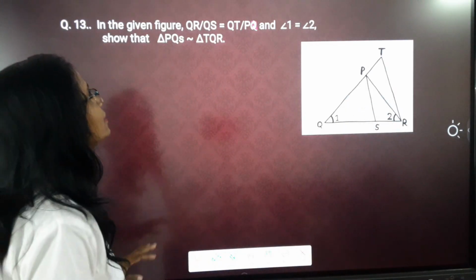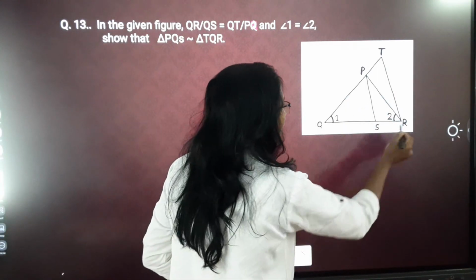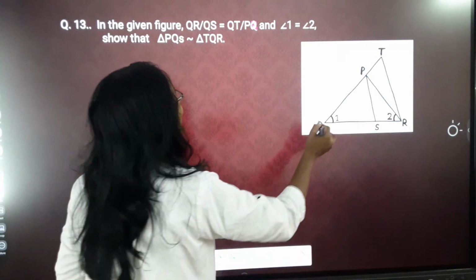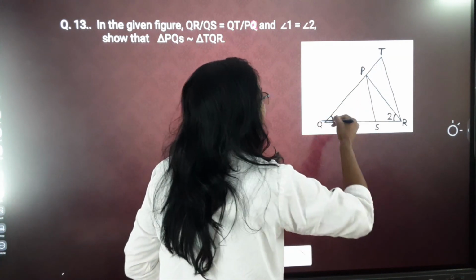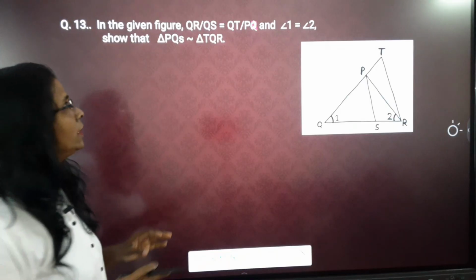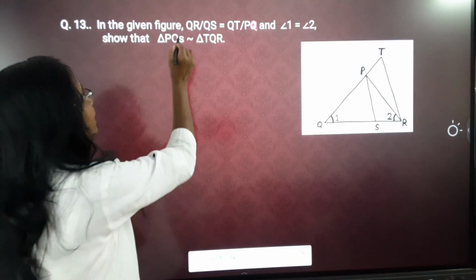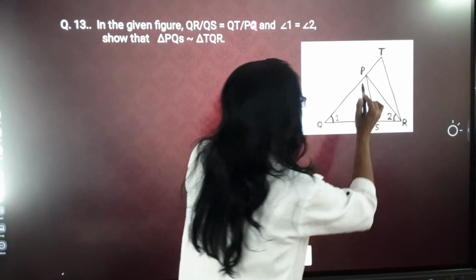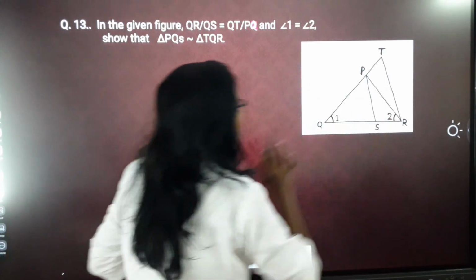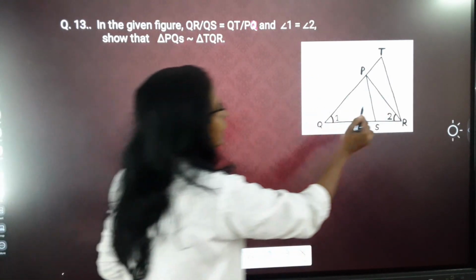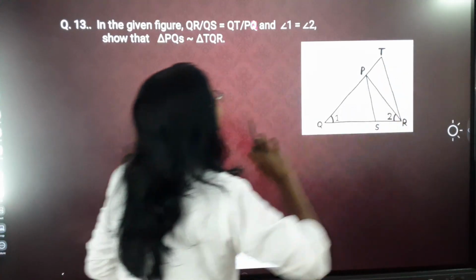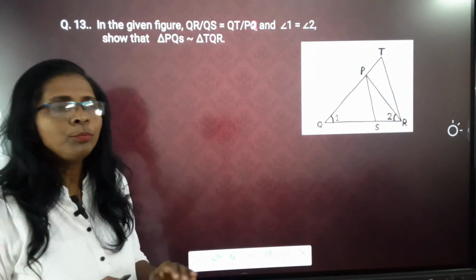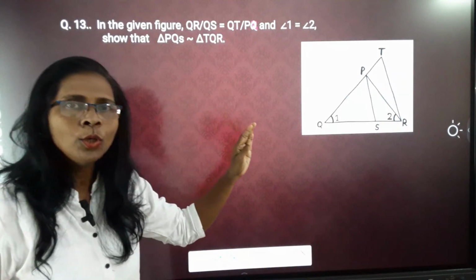Then the second one says that QR upon QS is equal to QT upon PQ. Okay, so these are the given parts, and we have to prove that triangle PQS, the smallest triangle, is similar to triangle TQR, the biggest triangle. We have to prove that these two triangles are similar to each other.